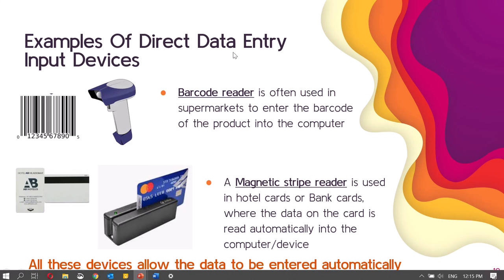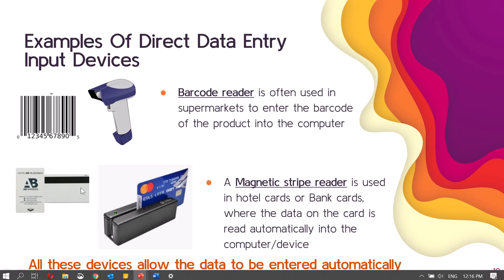Another example of a direct data entry input device is a magnetic strip reader. If you've stayed at hotels, you would know that hotels usually give you a hotel card which has a magnetic strip on it. It usually looks black in color like this. Or if you have a card for an ATM, this will also have a magnetic strip on it.